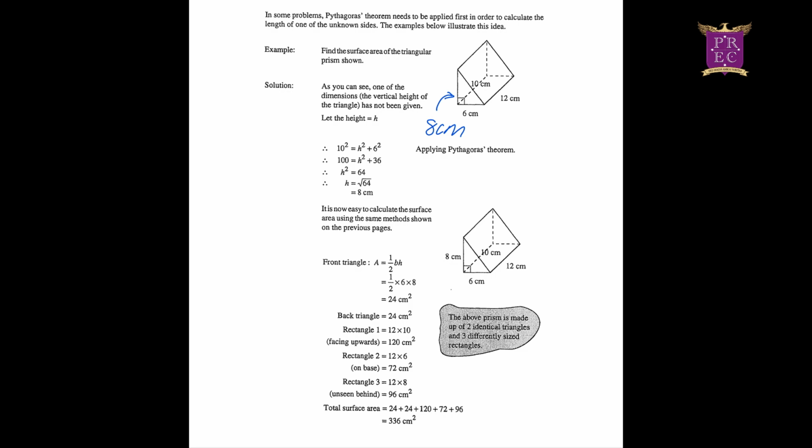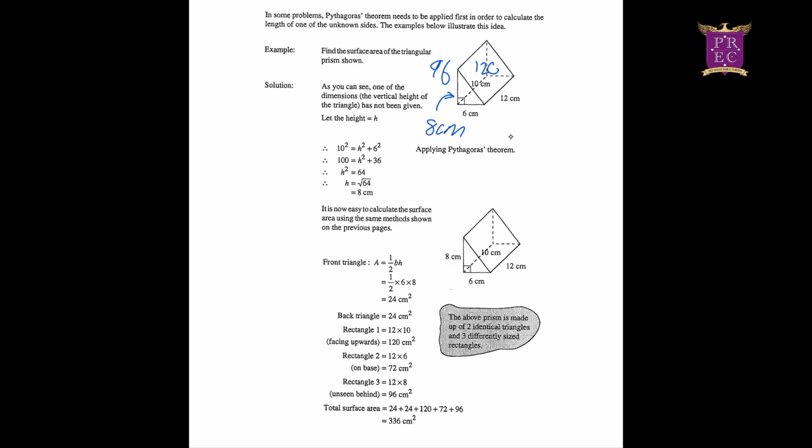Then we just calculate the areas of the 3 different sized rectangles. The one on the right hand side gives us 120. The one at the back should give us 8 times 12, which is 96.